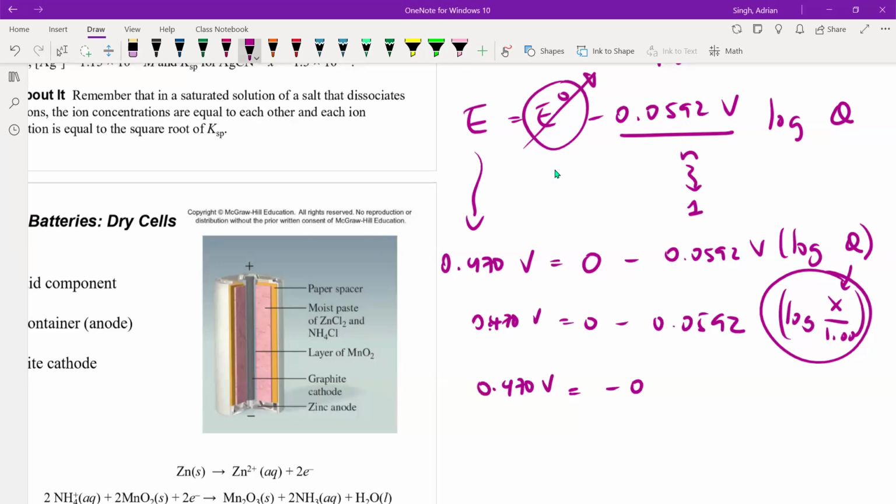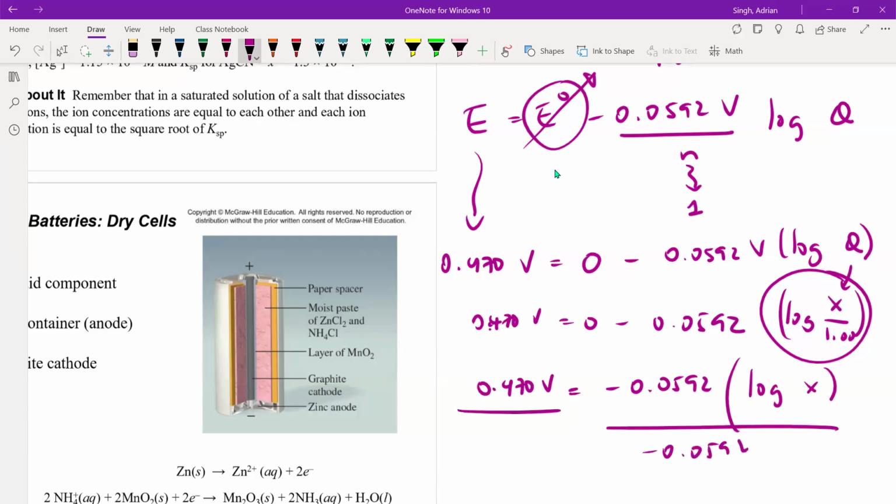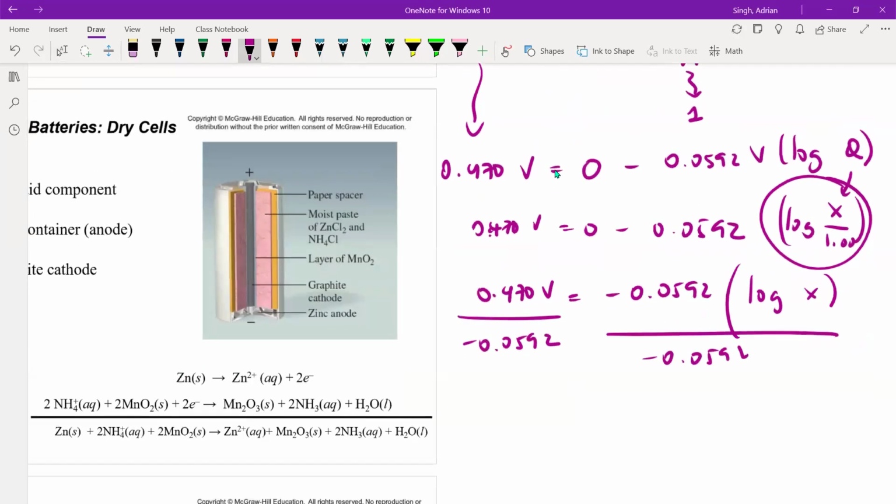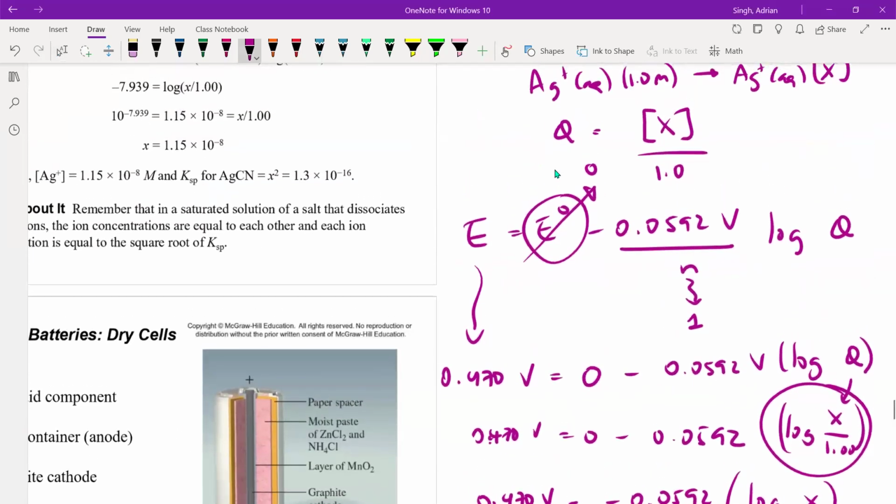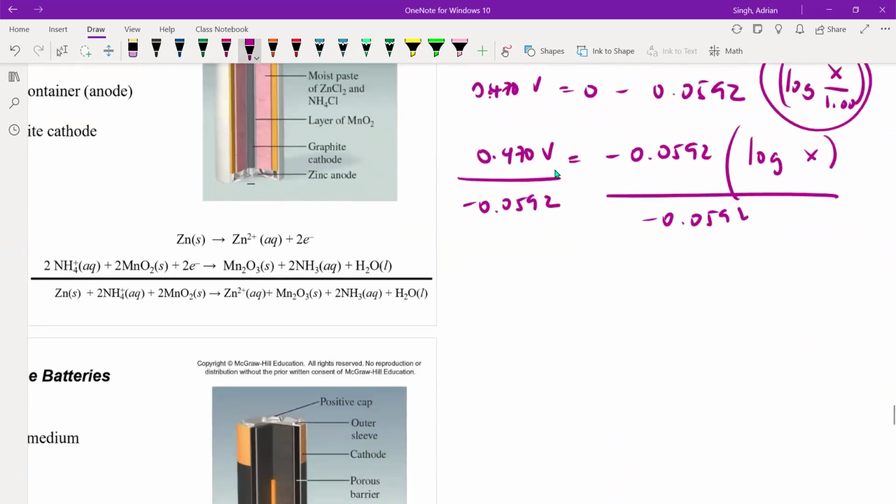We have negative 0.0592 times log of X over 1, which is the same as X. We divide both sides by negative 0.0592. So we end up with negative 7.939 is equal to log X. So then 10 to the negative 7.939 would be equal to X.